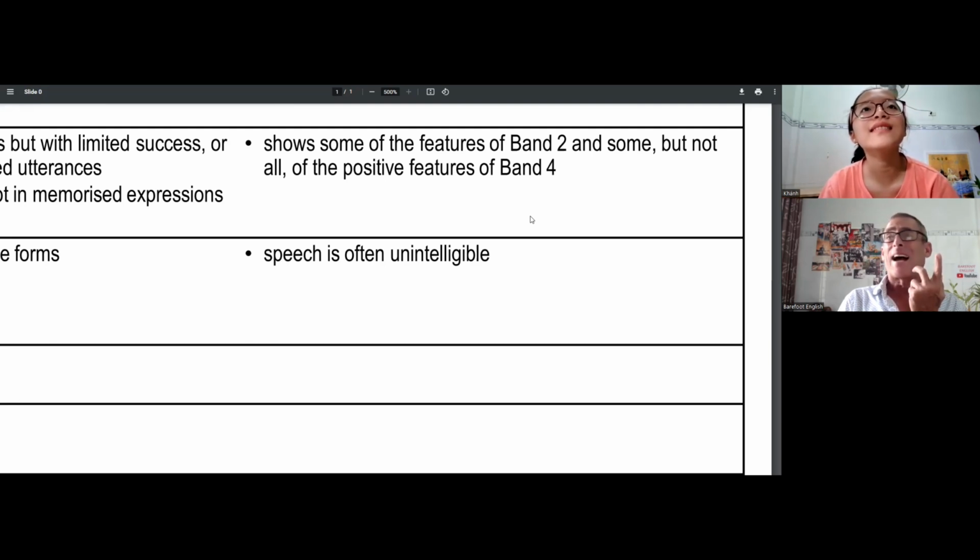Right, I can't make out the words. It's unintelligible. It's very similar to when I'm sitting with Vietnamese people and they're talking in Vietnamese and it's unintelligible. I don't know what they're saying, right? I can't understand it.